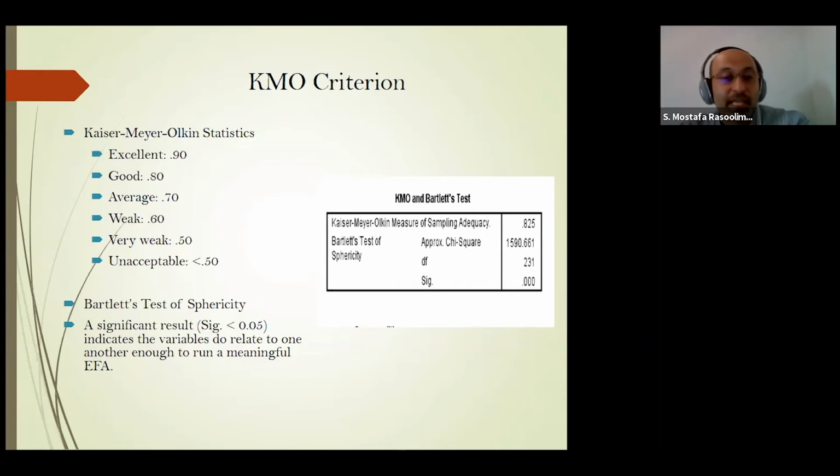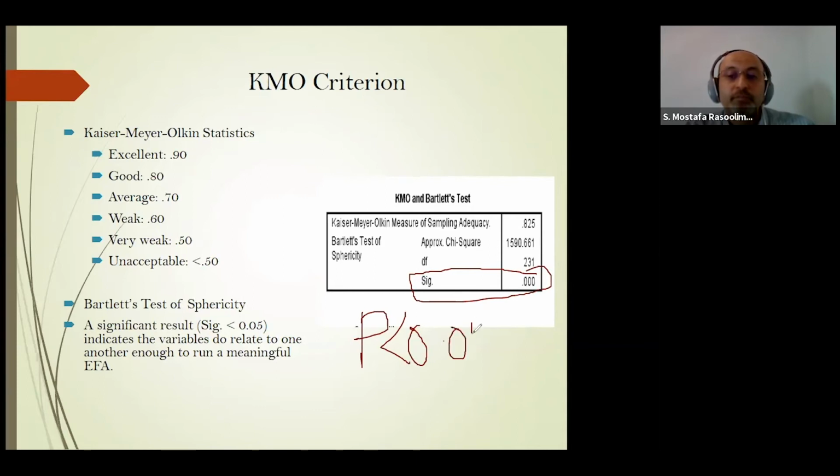Another criterion, another test, is the Bartlett test. For this Bartlett test, we check the significance of the test. If the Bartlett test of sphericity is significant, meaning the p-value here is lower than 0.05, it means our items are related to each other and suitable to perform factor analysis.